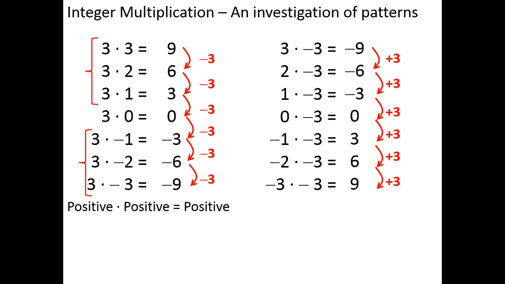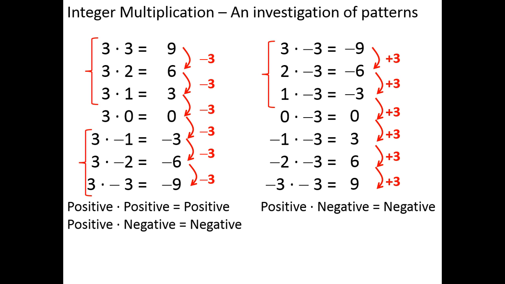The next 3 on the left side that involved 2 numbers with signs show us that a positive number times a negative number is giving us a negative value. On the right side, we can see that a positive times a negative is a negative, and that a negative times a negative is a positive.